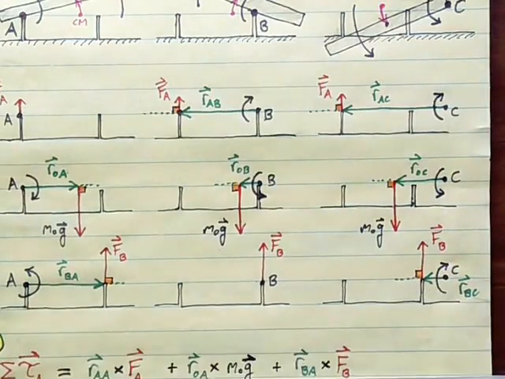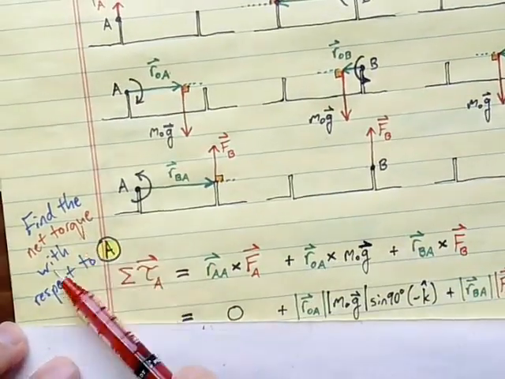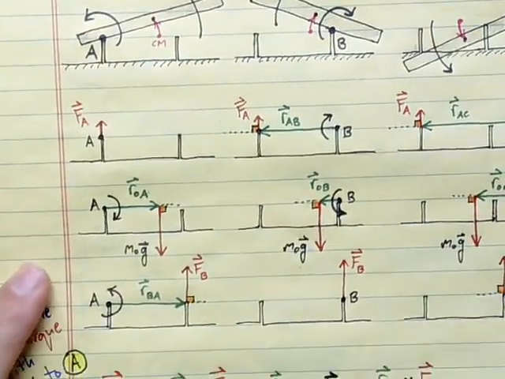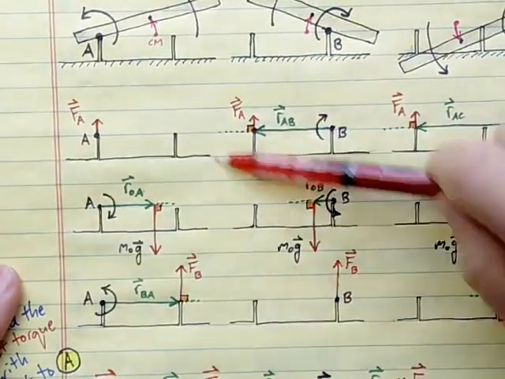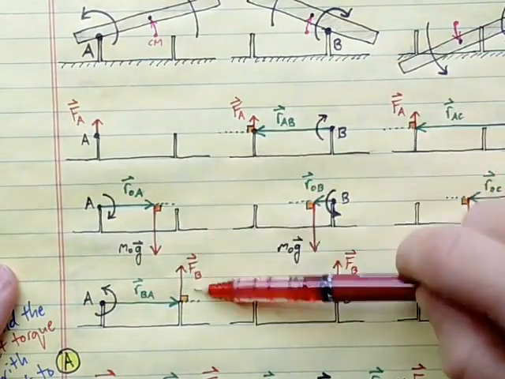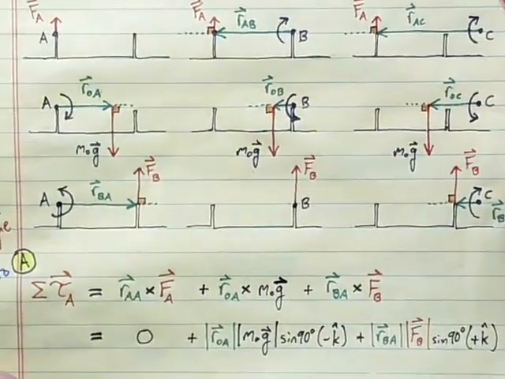All right. Let's now compute the net torque with respect to point A. So that would be these three diagrams here. Point A is our point of rotation. I've got three forces. Each of those forces could be exerting a torque about point A. Let's find that net torque.